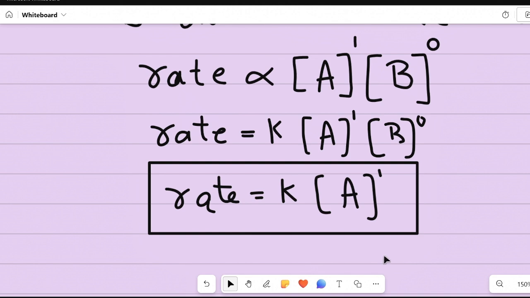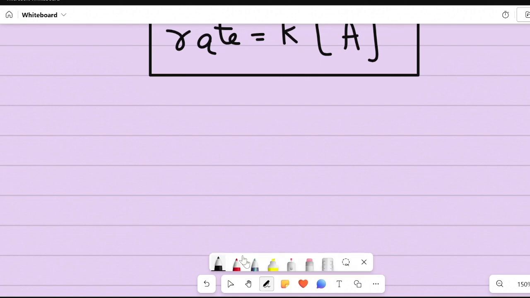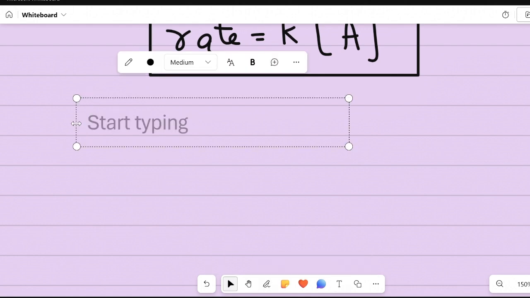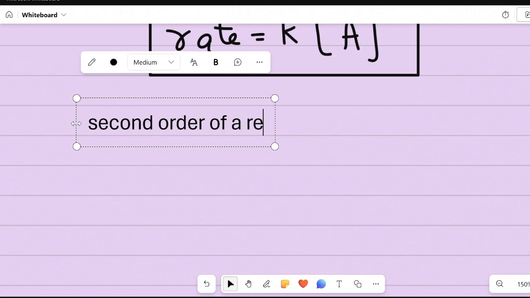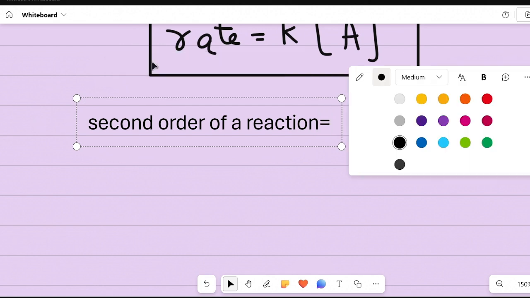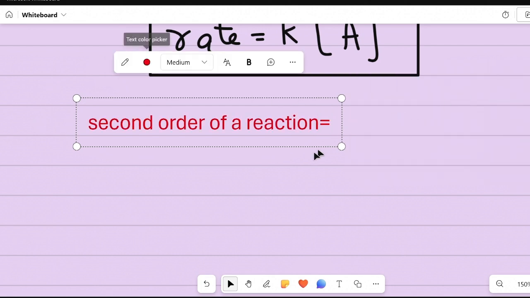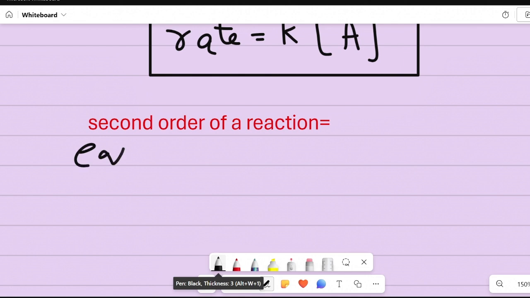Same like that. Now we are moving on to the second order of a reaction. Let's write it down here. Second order of a reaction. What is that thing? How can we explain it? Let's write down the equation first for the second order.